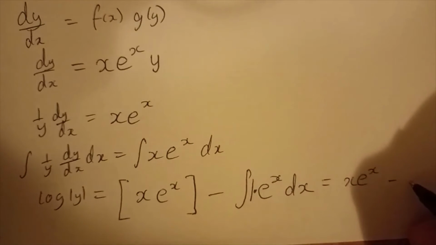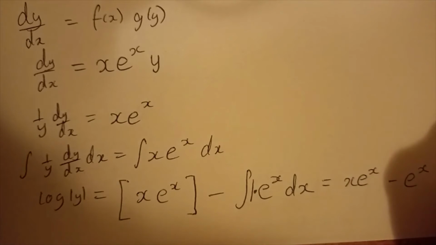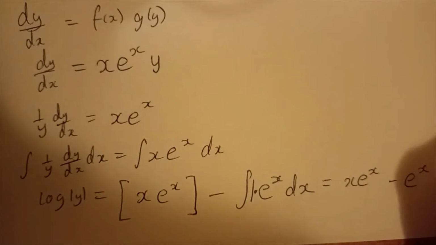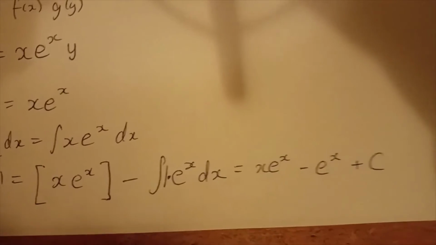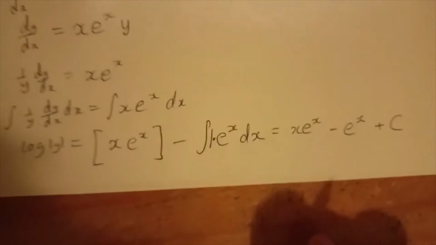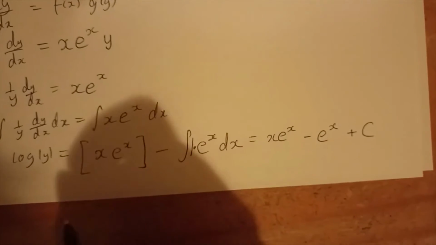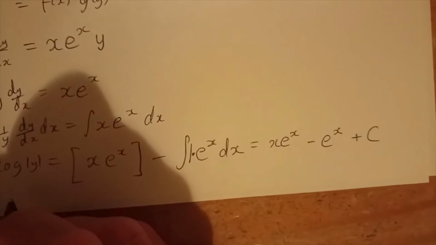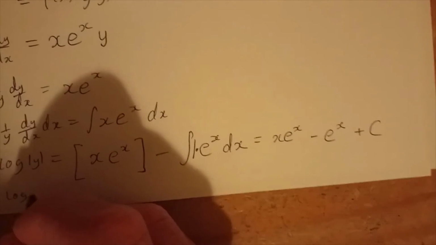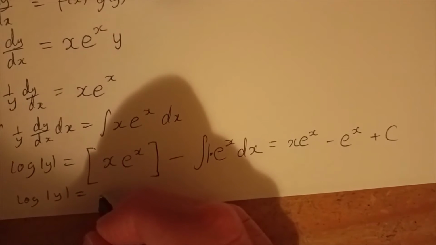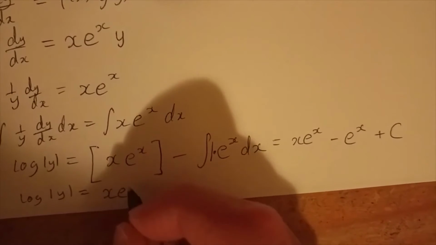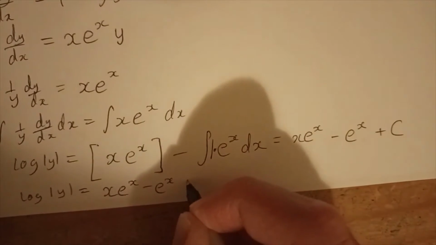Well, an antiderivative is just e to the x, but we need to put an integrating constant. So I'll rewrite this again. Just log absolute value of y equals x times e to the power x, take e to the x, plus c.